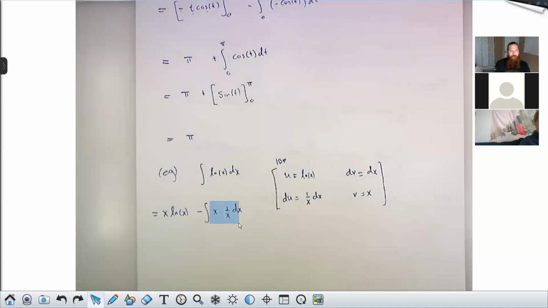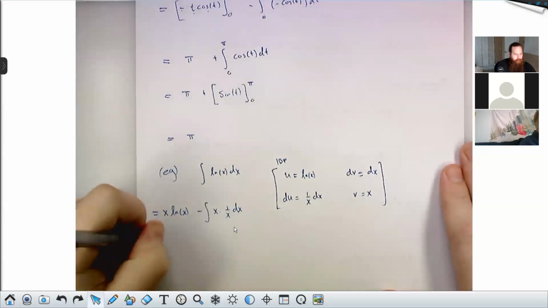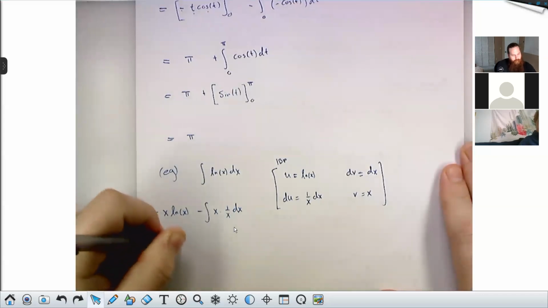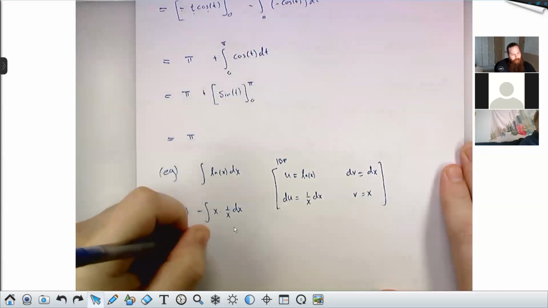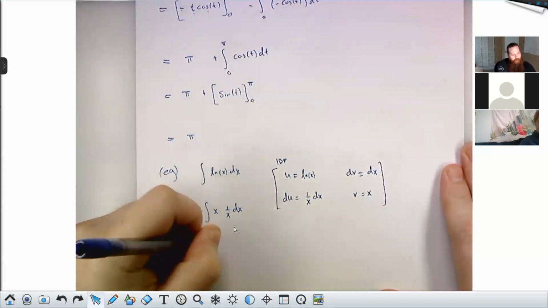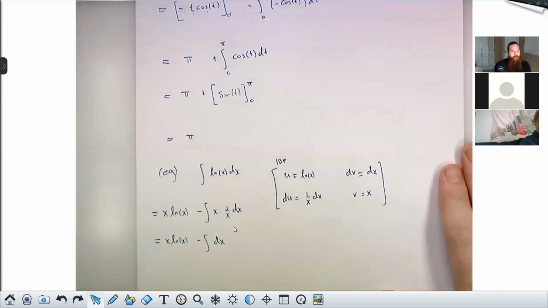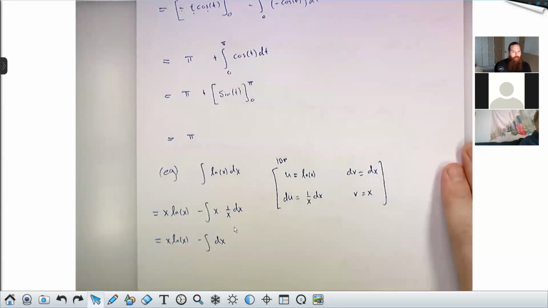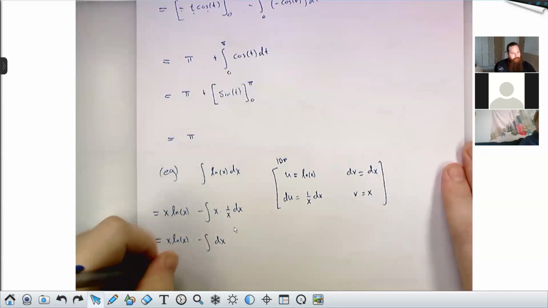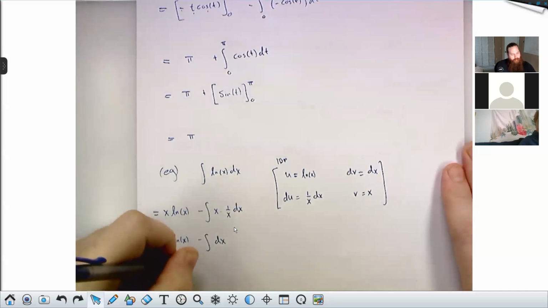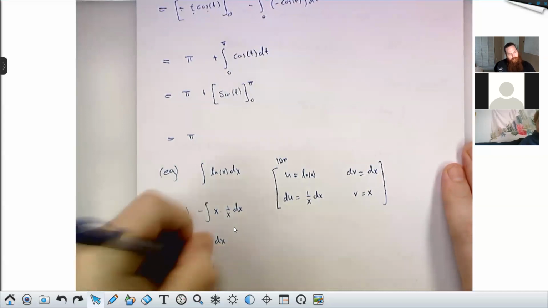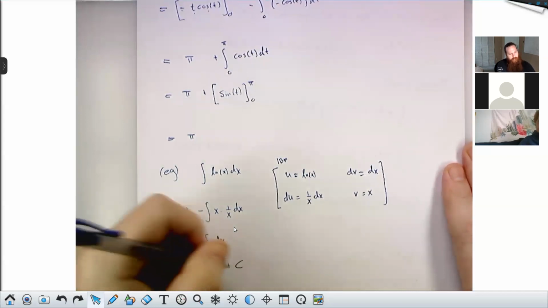But this integral isn't hard. X times 1 over x, that's just 1. The x's cancel. So this is x ln x minus the integral of 1 dx, or just dx. And the integral of dx is x. So this is x ln x minus x plus a constant.